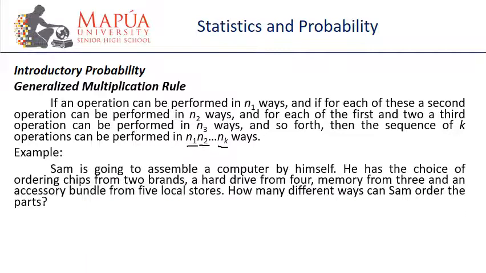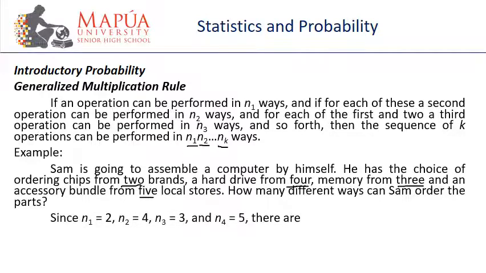So let's say, for example, Sam is going to assemble a computer by himself. He has the choice of ordering chips from 2 brands, a hard drive from 4, memory from 3, and an accessory bundle from 5 local stores. In how many different ways can Sam order the parts?